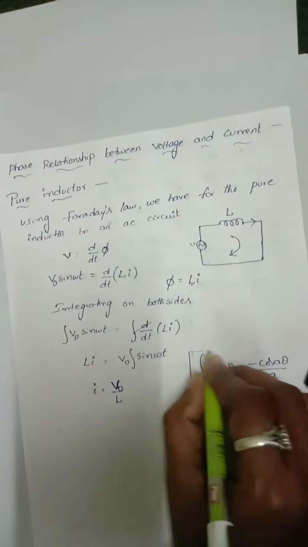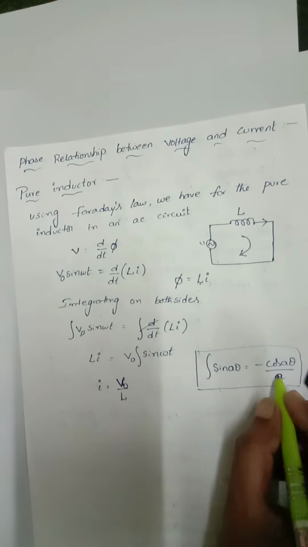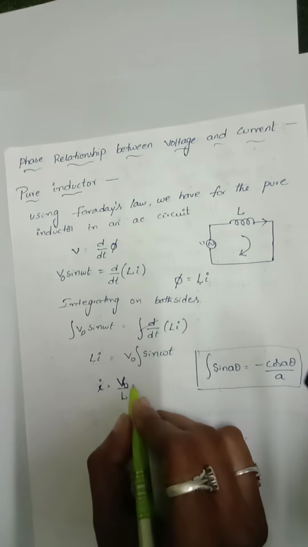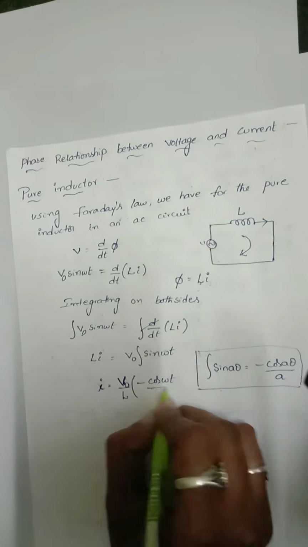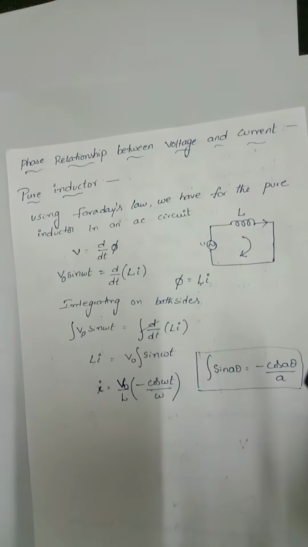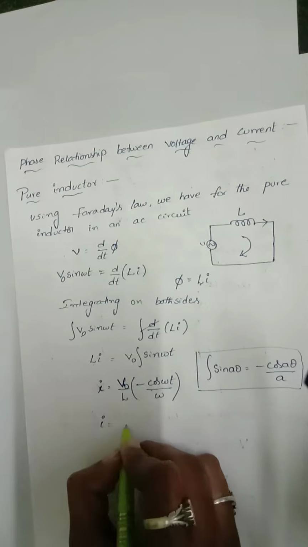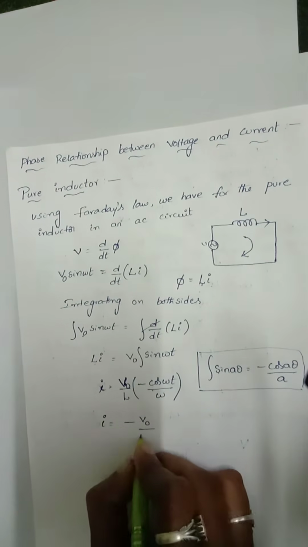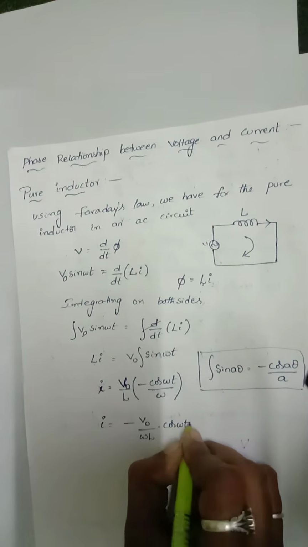This is the formula. So I is equal to V naught by L, here minus cos omega t by omega. I is equal to minus V naught by omega L into cos omega t.